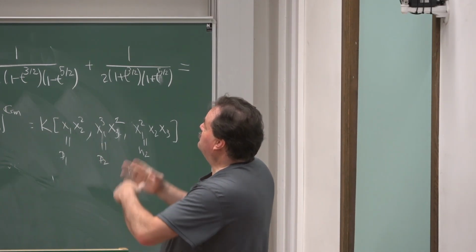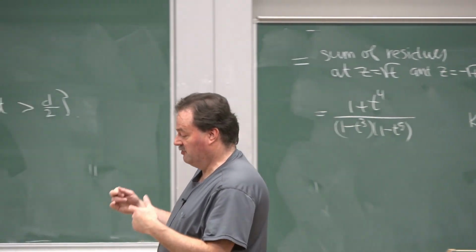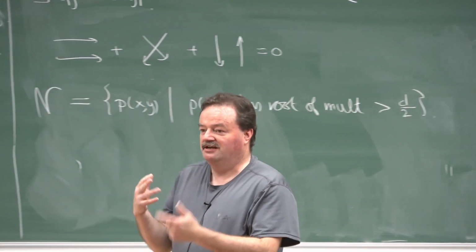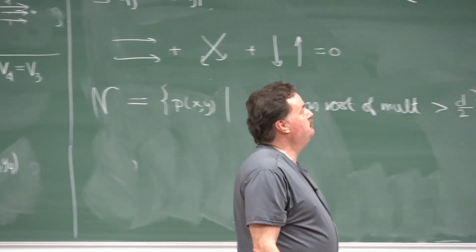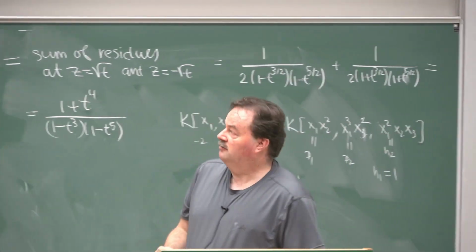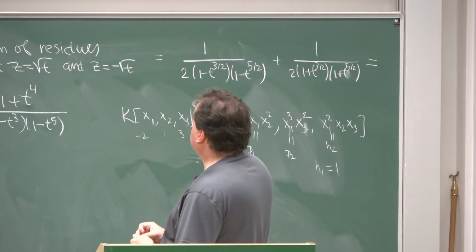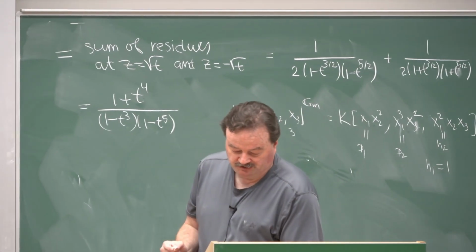So in the end, you get an integral over a maximal torus, and then you can again use residue theorems. So in principle, you can also compute Hilbert series of invariant rings for linearly reductive groups.